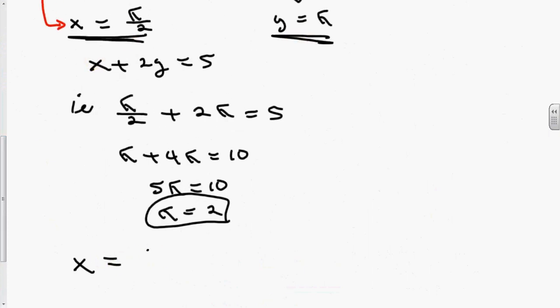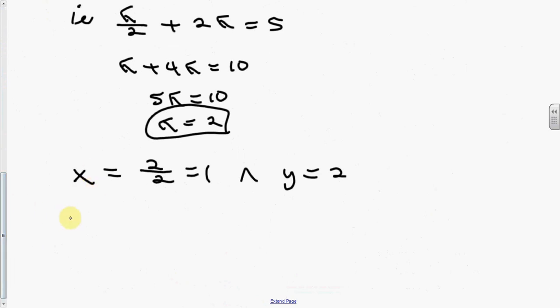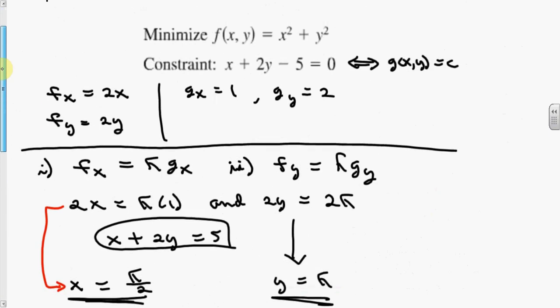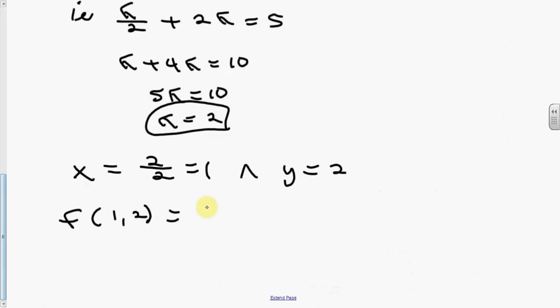We get 1. And y is equal to 2. Now for the function f of 1 comma 2, it's 1 squared plus 2 squared, we get 5.